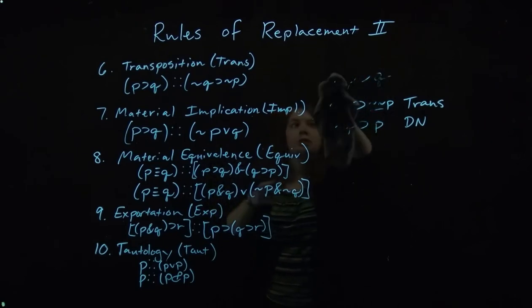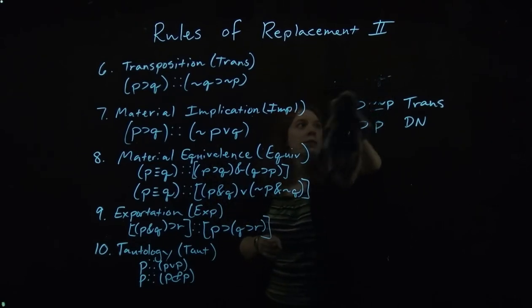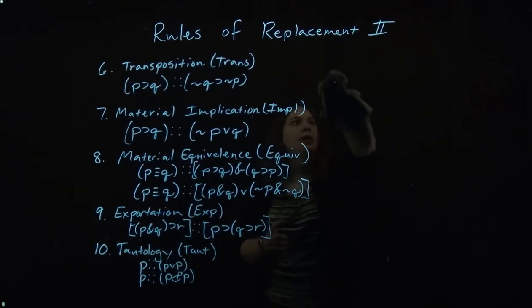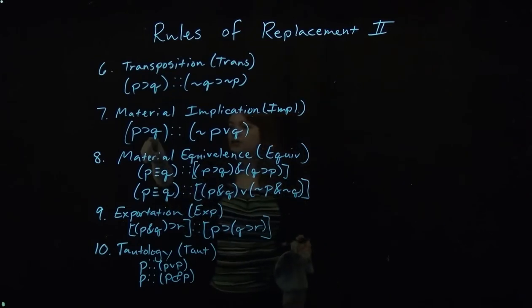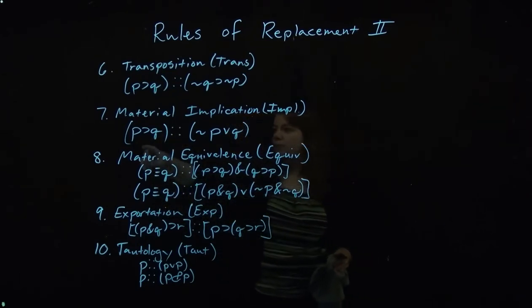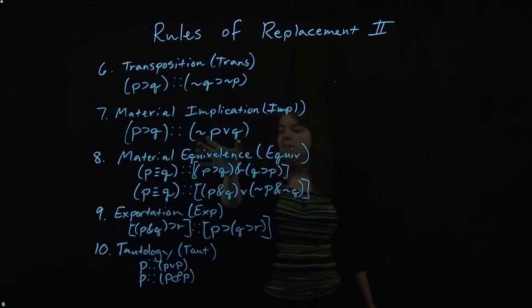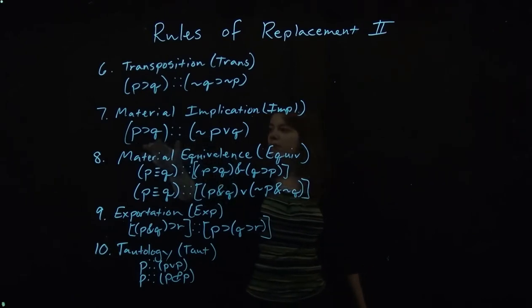The other rule here, number 7, is material implication, or implication just for short. Implication is a little less intuitive, but you can see how it sort of works. So basically it states that if you have, beginning with a conditional statement, the equivalent to that would be a disjunctive statement where the previous antecedent is now negated.